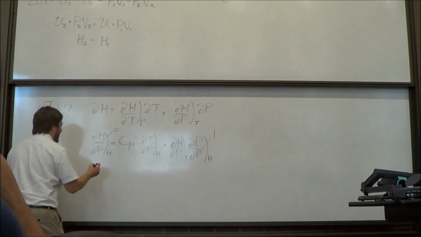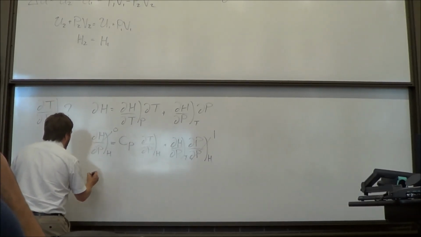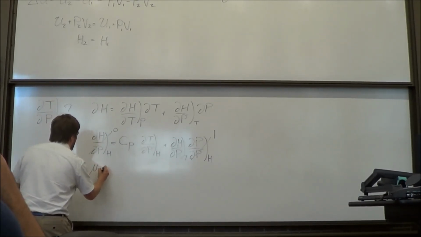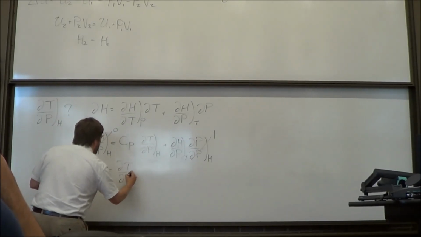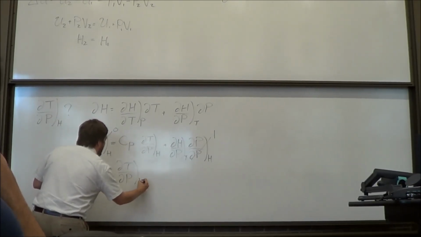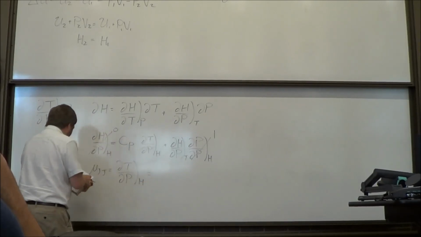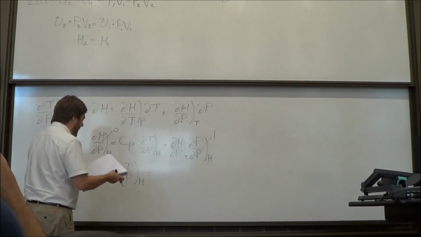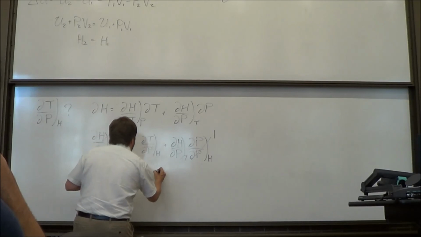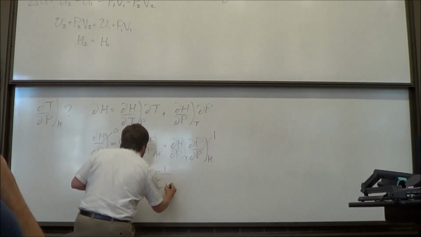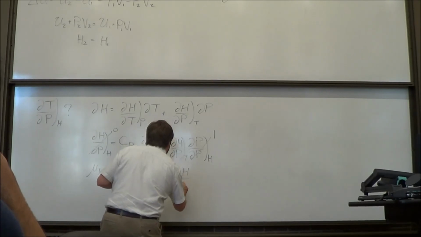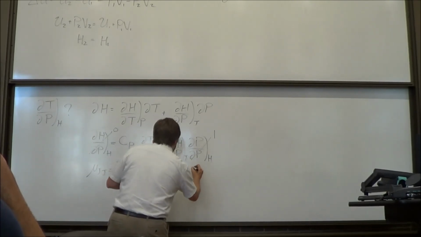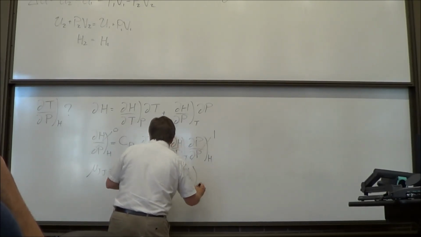So therefore the Joule-Thomson coefficient, which is dT/dP, I'm just going to do the algebra in my head. It basically looks exactly the same as before, except I've got H's and P's, and that's minus 1 over Cp times dH/dP at constant T. I'll toss this up, I know you're having trouble seeing it.